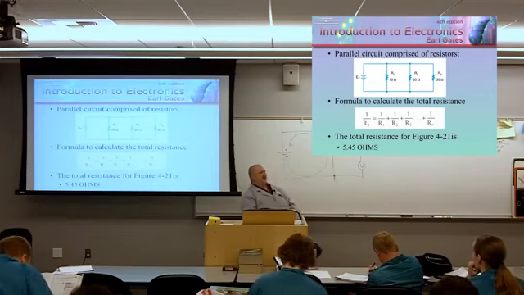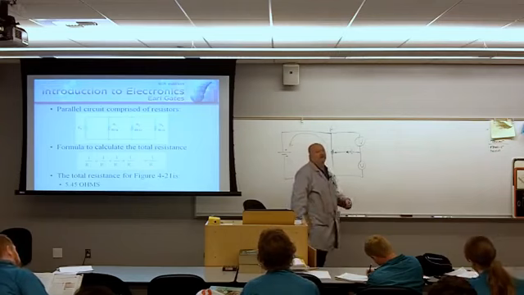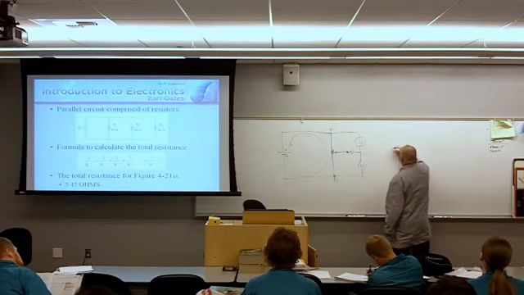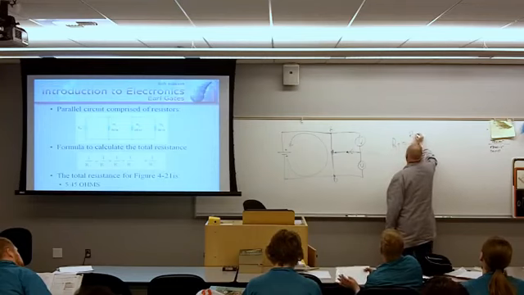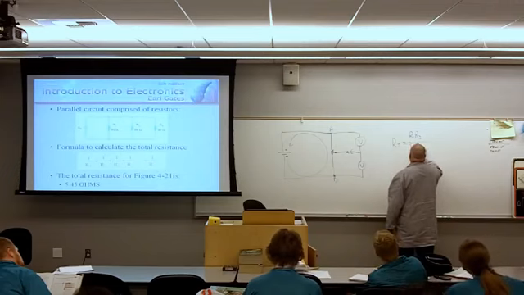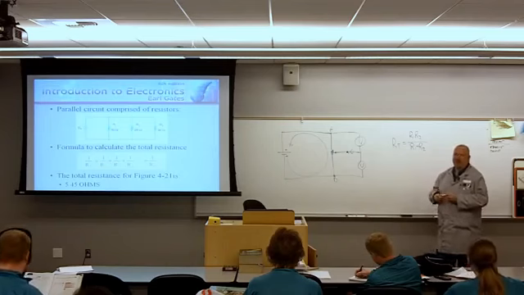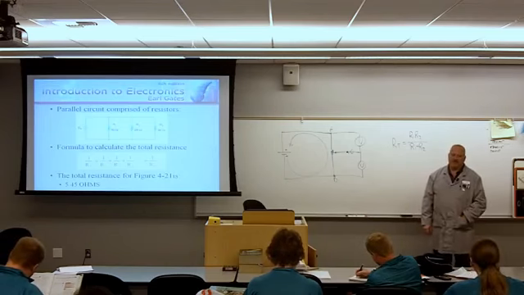There is another formula I want to show you. It's not in the book, but I want you to know it, learn it. This is called the product over sum formula. Product over sum.